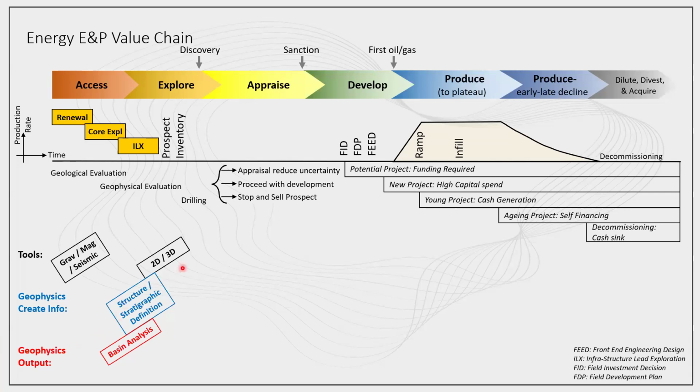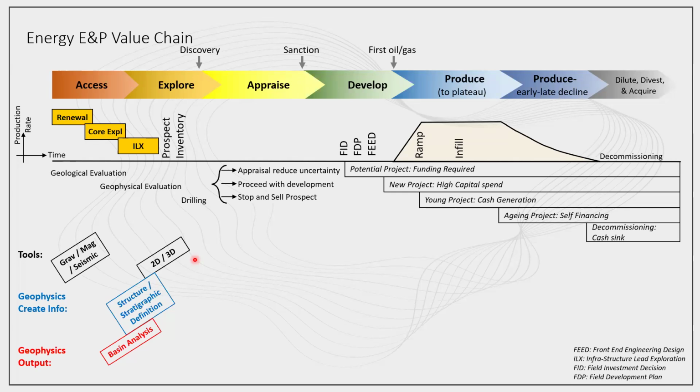Within that stage, geophysical information is the only tool to understand the wide subsurface basin and the hydrocarbon location through structure and stratigraphic definition, repeating the same technical evaluation as in the access phase, which is using the seismic to come up with the velocity, which could be turned into pressure, could be turned into depths, so we can give the drillers a well prognosis in terms of depths and pressure.